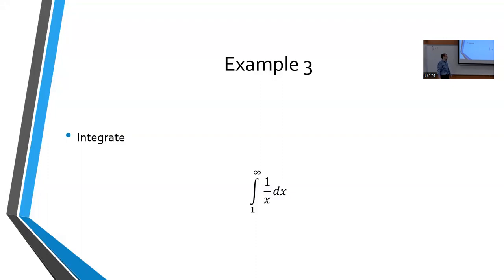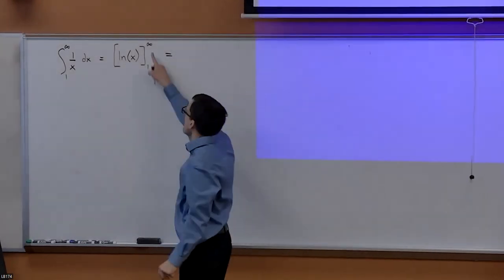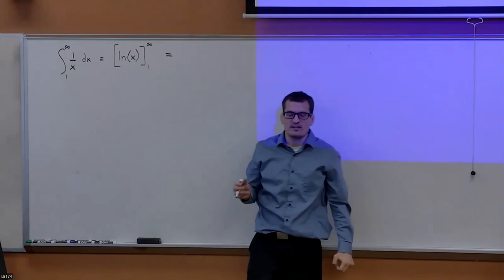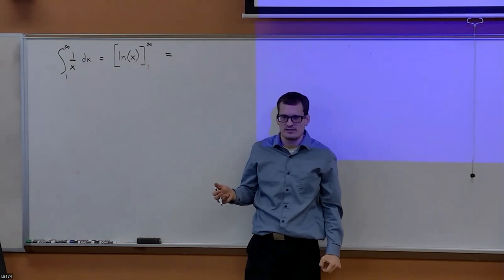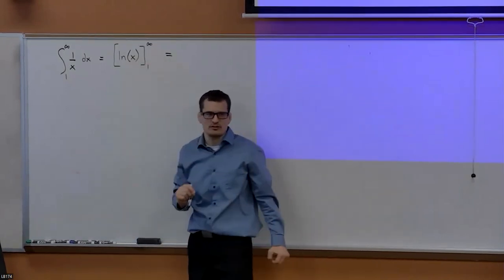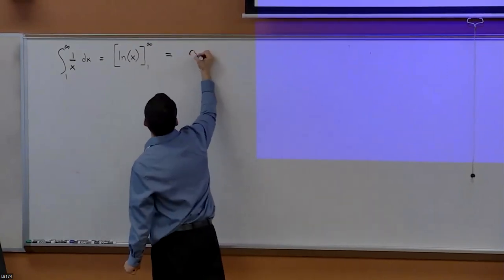Well, the antiderivative of 1 over x is natural log of x. And in 6.7, if you recall, I said if you plug infinity into natural log, it goes to infinity. So when you take the limit as x goes to infinity of natural log, you actually get infinity.